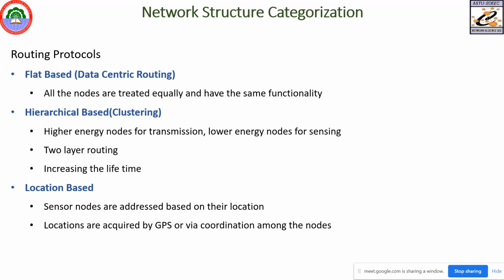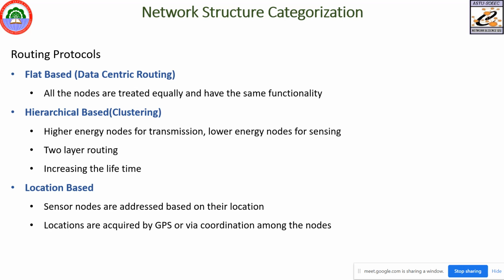Based on the naming mechanism and the data we have, we are going to decide which path is suitable for that particular transmission. So there are different examples we will discuss now for these data centric routing protocols.